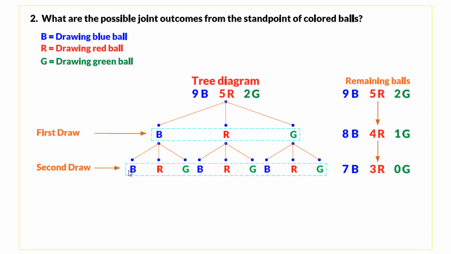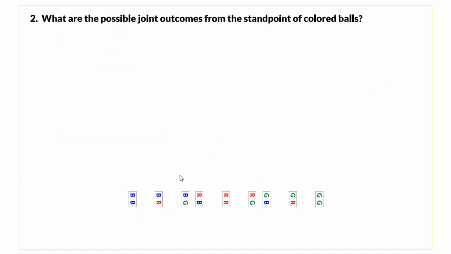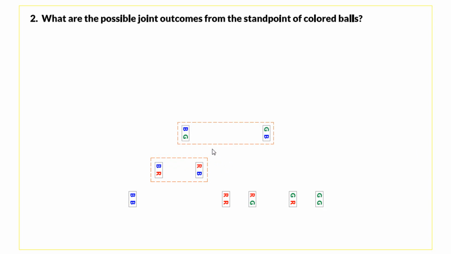And now we can get all the possible joint outcomes. So we may get blue blue, blue red, red green, etc. So these are the possible joint outcomes. And now we will group these joint outcomes into categories according to the kind of balls they have. So we will group blue and red, blue and green, red and green, and now we arrange them again.